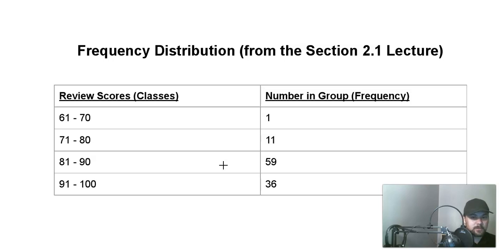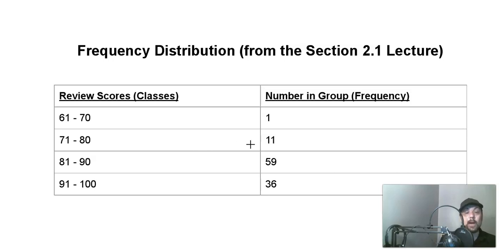This was from chapter 2. Now we have the Animal Crossing data in our video, but if I didn't provide you the Animal Crossing data and I said, here's information about your data set, and it's a frequency distribution, you do not have the original data values in that data set. You don't know what those numbers were from 71 to 80.